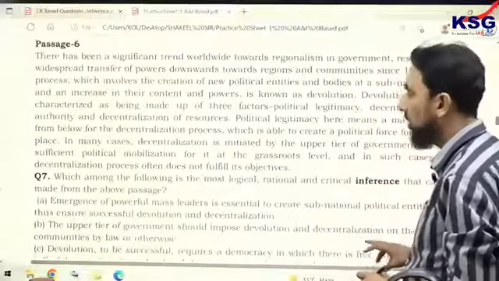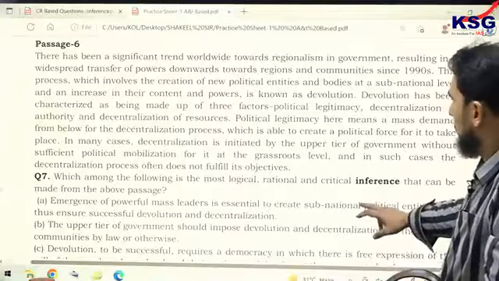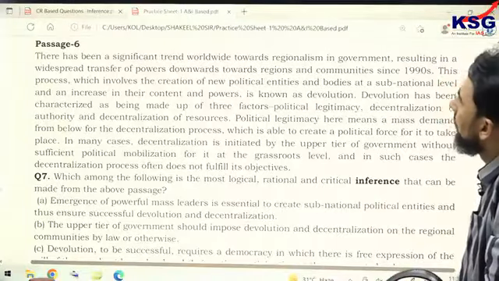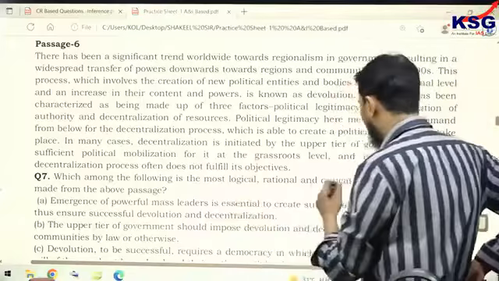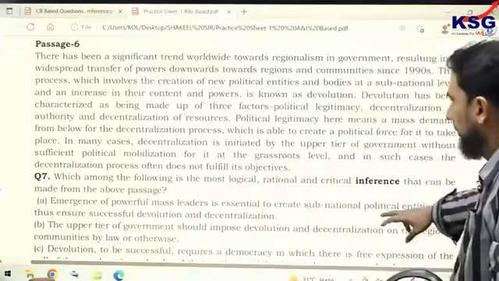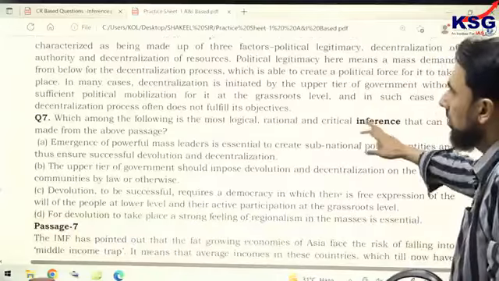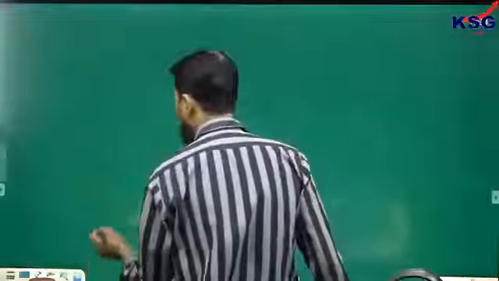Same thing, I will write down the answers. So passage number 6, you all must have done it. And all the questions start with the most logical and rational inference. So passage number 6, practice sheet 1, answer should be C.